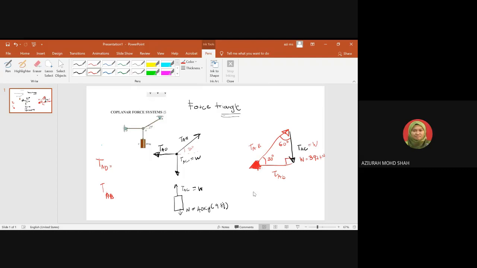So TAD using sine rule, TAD over sine... wrong, madam. Sine 60 is equal to W, or TAC, if you want to use W it's the same, okay. So W, right? Okay, the angle that we want to use is angle 30. Oh yes, sine 30 degree.